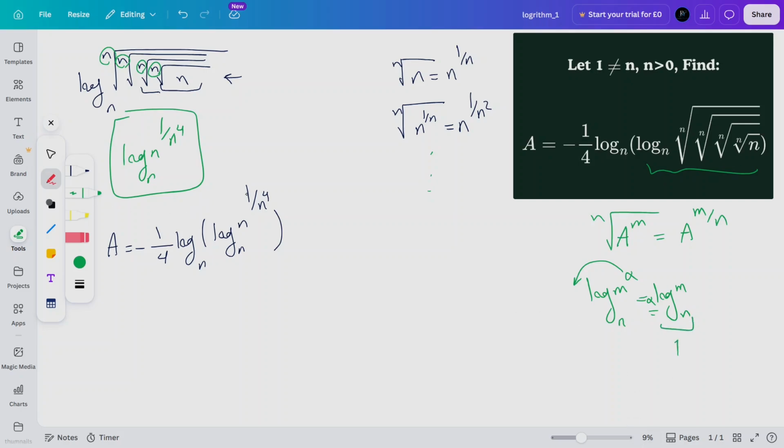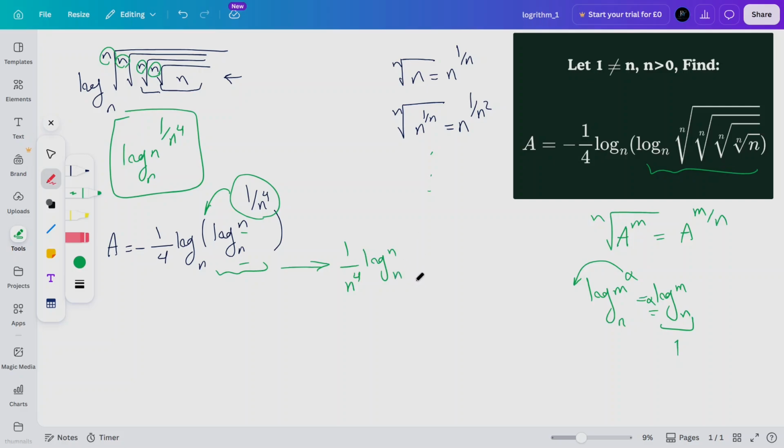So let's see what we have. We can simply see that these two arguments, n and n, are the same. So this is going to be 1 if we bring this in front of this logarithm. So if I just again take a look at this inside argument, it's going to look like this: 1 to the power of n to the power of 4 logarithm n.